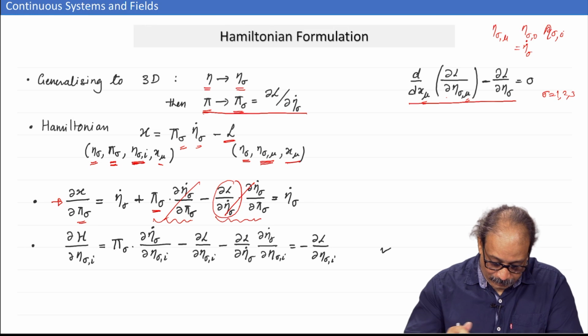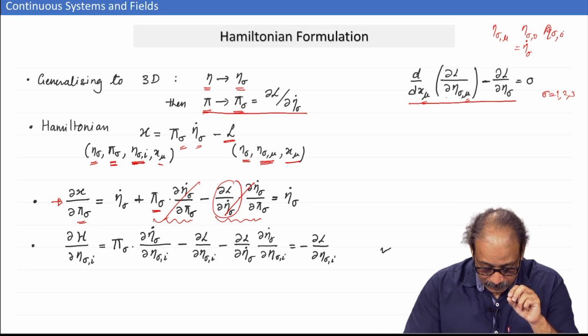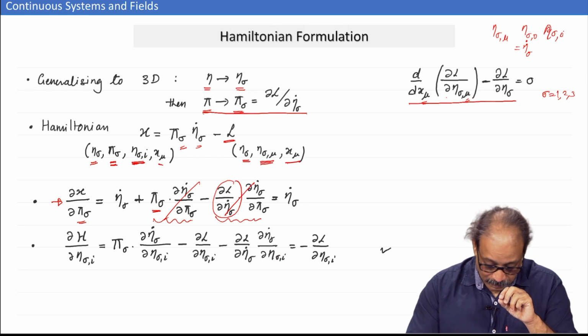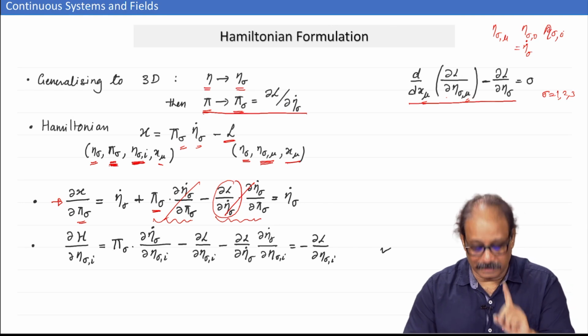What about the partial derivative of H with respect to eta sigma I? Now, remember, I have to take all the individual cases and check them.